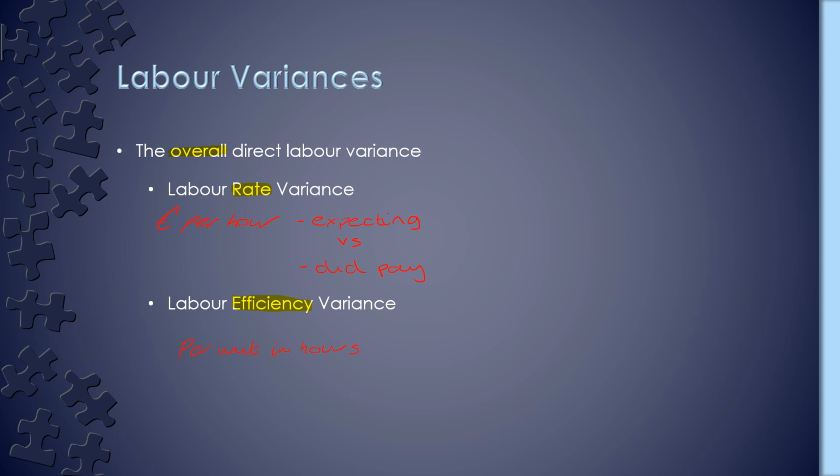Okay, so you're going to expect that production is going to take 10 hours for 1 unit, but it might only take 9 hours, for example. Okay, so this is hours per unit. So you're going to have your standard cost card, which will tell you how many hours per unit the production's meant to take, and then how many hours it actually did take.